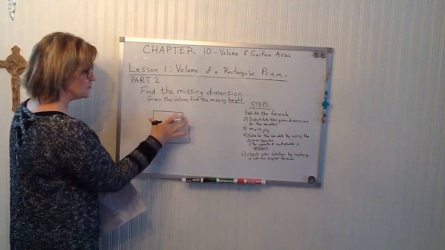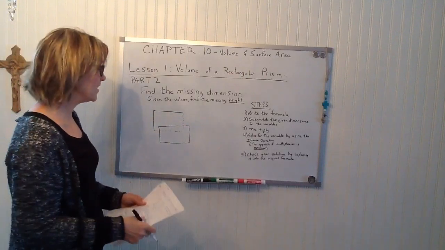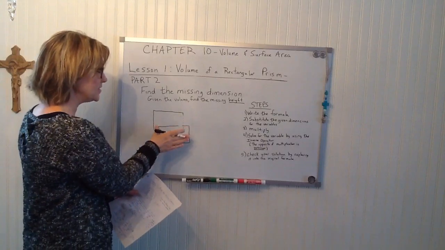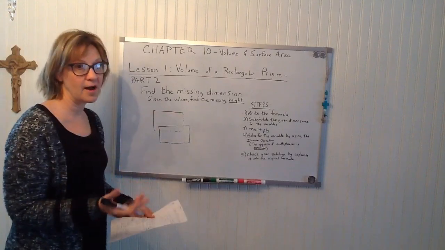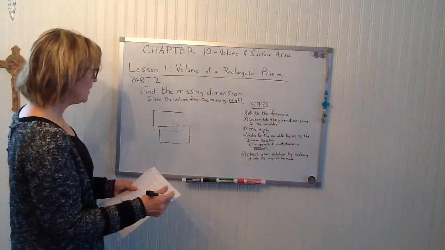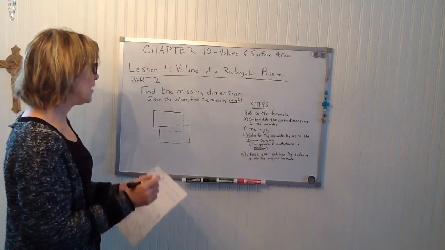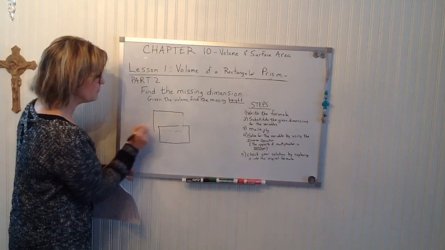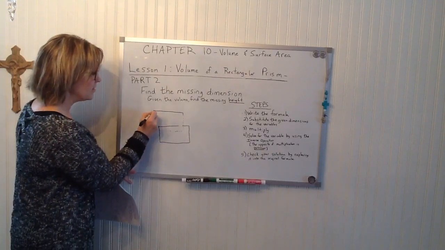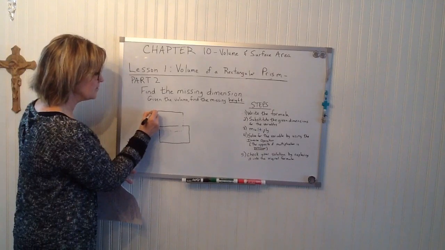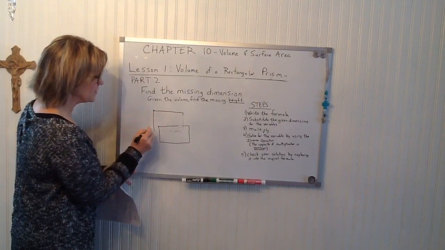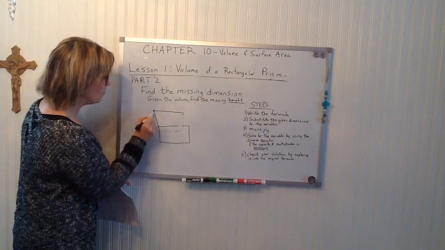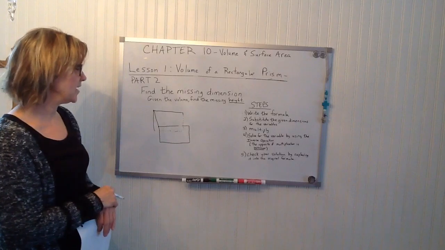So we have our two rectangles that should be exactly the same. Those are actually parallel to each other, and it's going to be the front and the back of our rectangular prism. Now we make our edges. So we're going to take the top left vertex from the front rectangle and the top left vertex from the back rectangle, and we're going to draw a line, and that will become the edge of our rectangular prism.